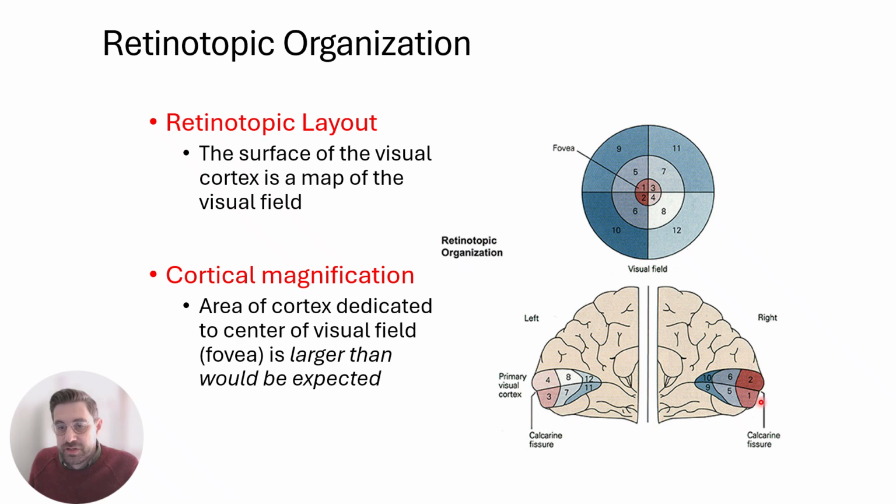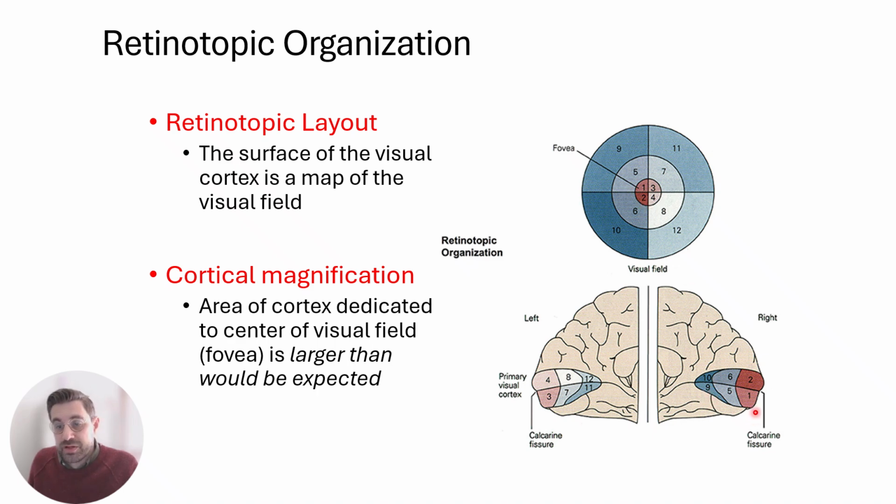So if we look at this over here, signals in the center at number 1 end up in the right hemisphere. They go upside down, so they end up over here. You see how much of the brain is dedicated to this tiny little area 1. Then we compare that to this whole area 9, all of this retina. You can see 9 gets this amount of area in your brain.